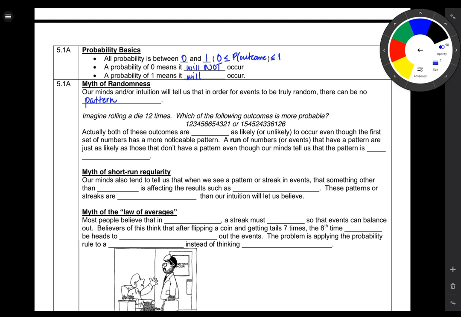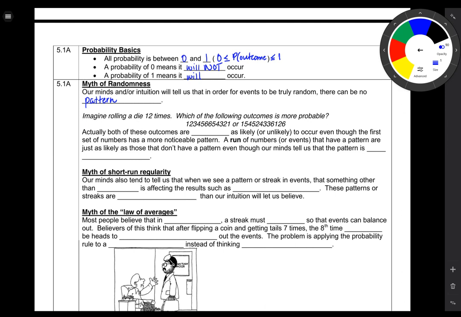So let's take a look at an example. Imagine rolling a die 12 times. So you have a single die. Which of the following outcomes is more probable? 1, 2, 3, 4, 5, 6, 6, 5, 4, 3, 2, 1, or 1, 5, 4, 5, 2, 4, 3, 3, 6, 1, 2, 6. The second outcome has no pattern whatsoever, but the first one definitely you see a pattern.